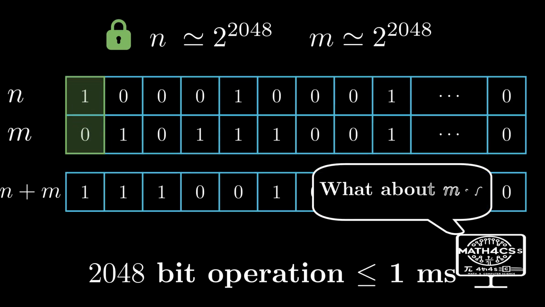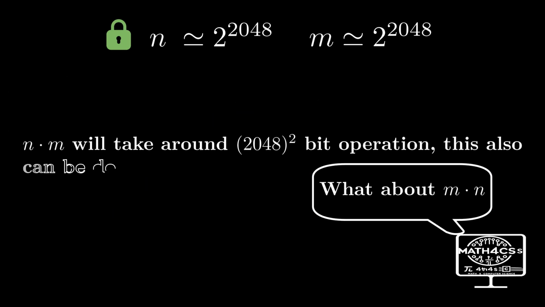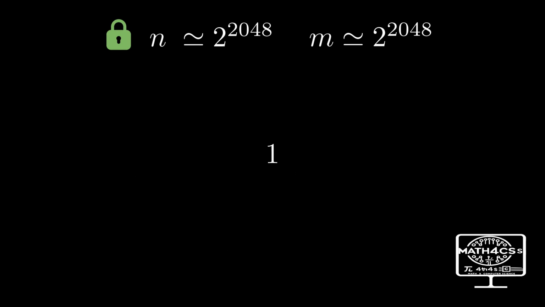To multiply these numbers, a computer needs around 2048 squared operations. This will also take less than a second. Now you may think that we can do any operation, even factorization. If you want to count up to 2 to the power 2048, you need to count 2 to the power 2048 times.